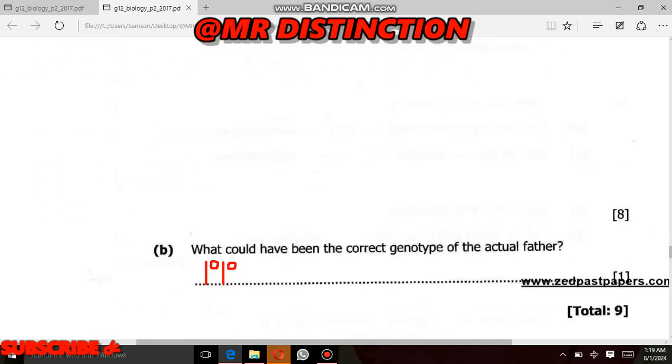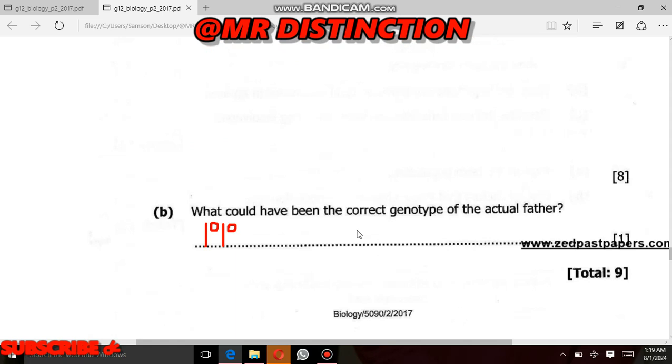What is the second question? Question B. What could have been the correct genotype of the actual father?